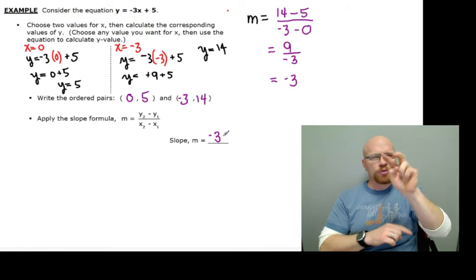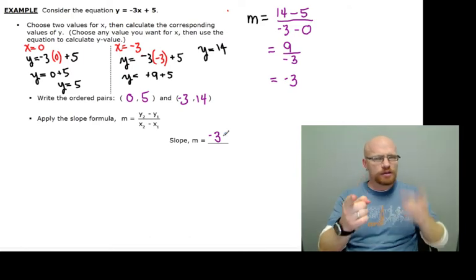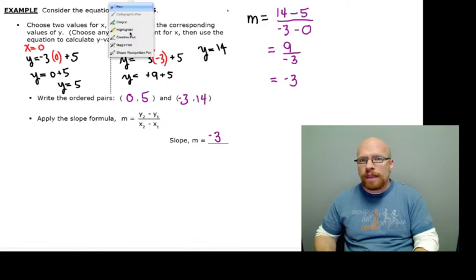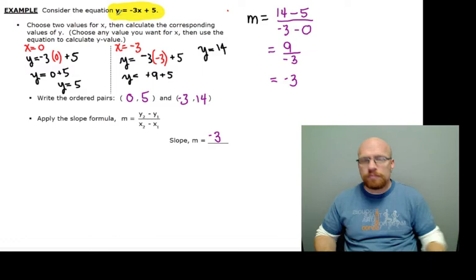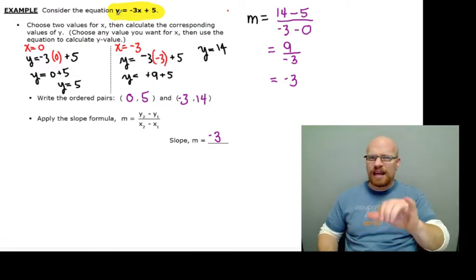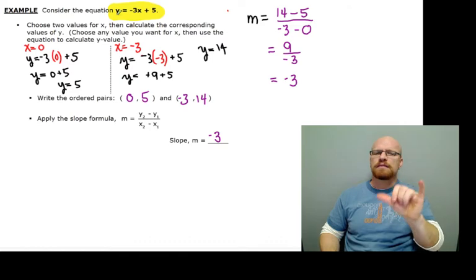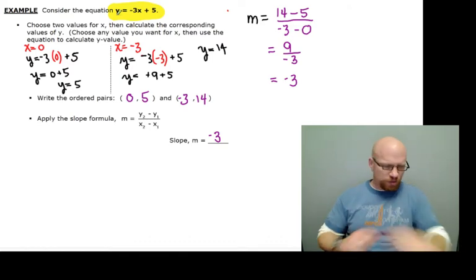I go back up to the top of our equation, you can see what? That negative 3 is in front of the x. So we're right over here.